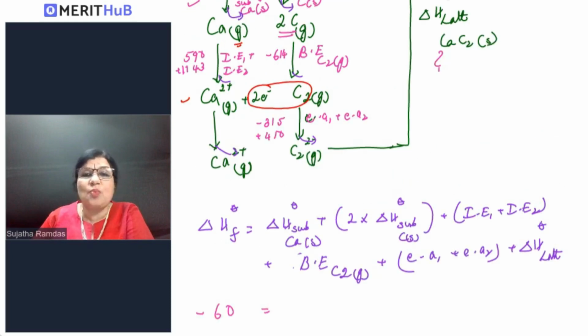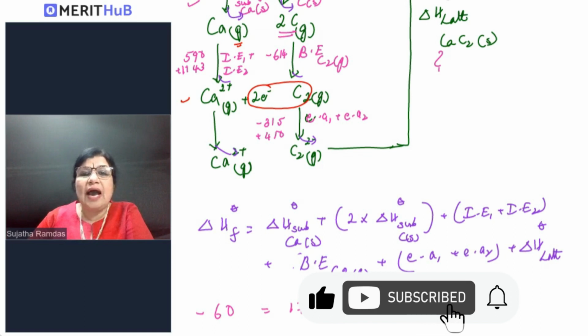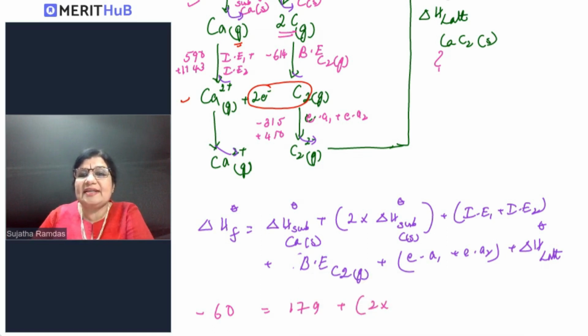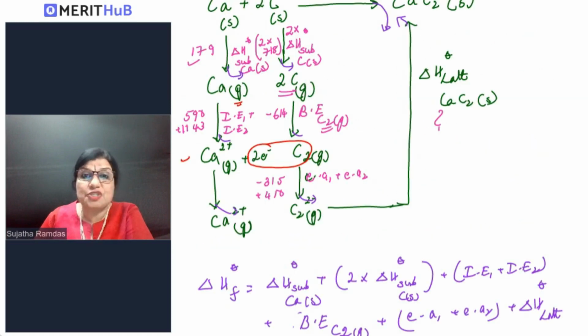Sublimation of calcium is 179 plus 2 into sublimation of carbon is 718. 2 into 718. The two ionization enthalpies 590 plus 1143. Then plus coming to the bond enthalpy of C2 gas, which is minus 614.